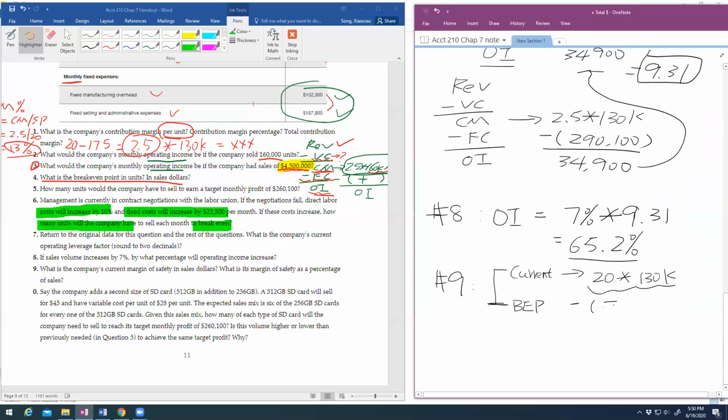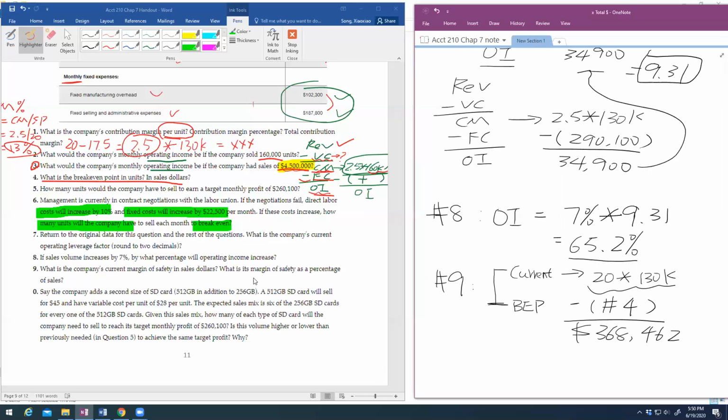The difference will be our margin of safety. From the solution, the number is 368,462. This is your margin, which means your sales can decrease by $368,462 before you reach a loss.